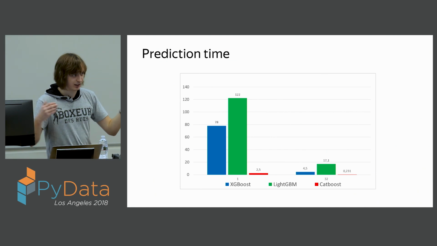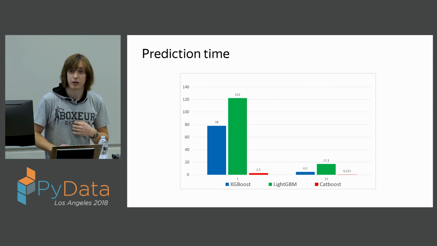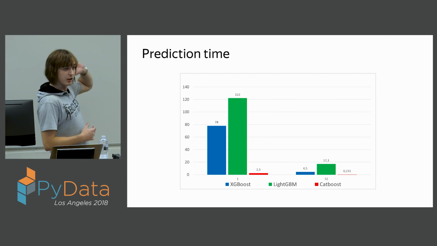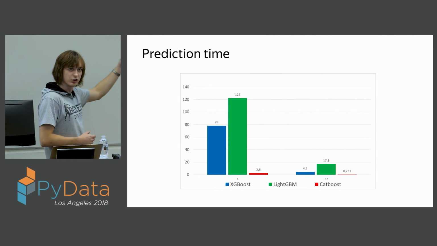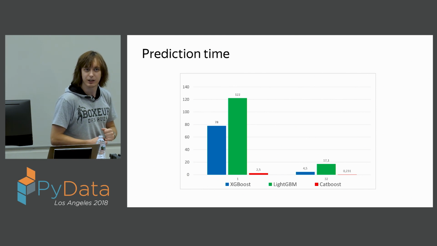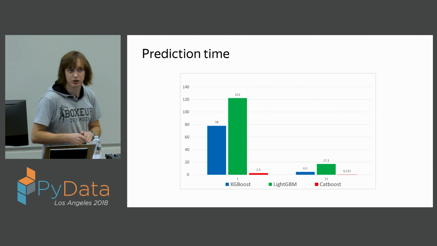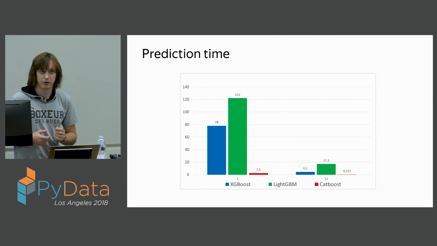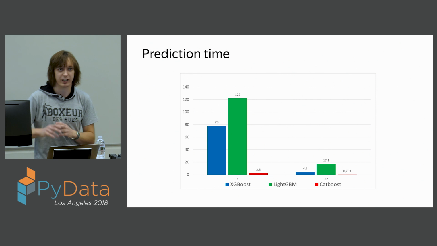And what does this give us? How big are these models? How many trees are there? It's, I think, 4,000 trees. We've applied it to the Epsilon dataset with 500,000 samples, I think. And I think there were depth 6 trees, something like this.